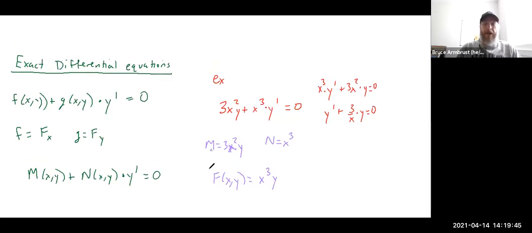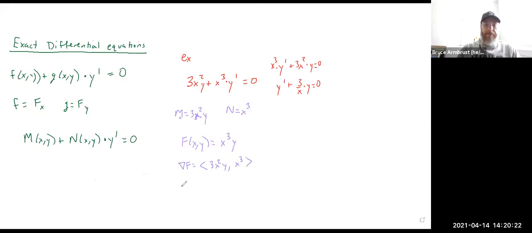So, just as an aside, if we look at this big F of x y, the gradient of F was 3x squared y comma x cubed. This vector, this piece is in the x direction and this is in the y direction. So you could really think of that as with a little dx and a dy. Let me just carry that on here for a second.